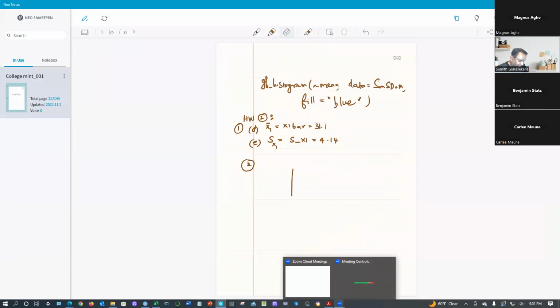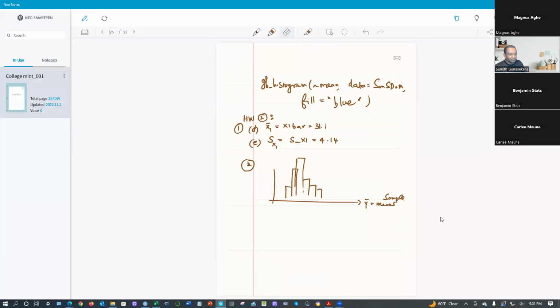When you draw the histogram like this, if these are y bar, the sample means, this one is bell-shaped from the central limit theorem. The center they are looking for is mu sub y bar.